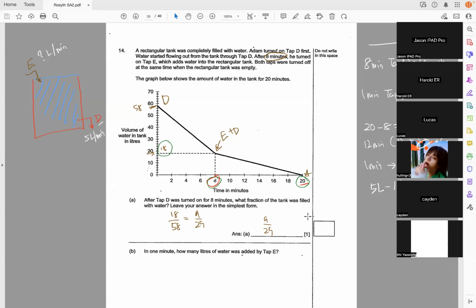I should just do this, okay? So if the net effect is 1.5 liters has been drained out, and you have 5 liters being drained out all the time during that 12 minutes by D, it will mean that 3.5 liters of water is being poured every minute by E.